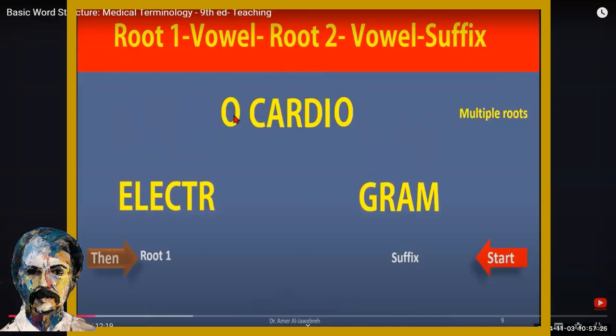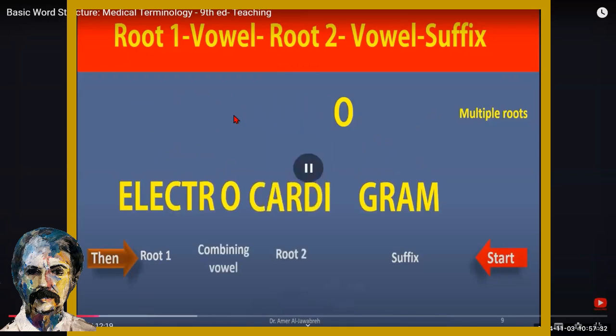And then to make it smoother, add an O, electro, cardi, and then cardio. So this is how we break it down. Root 1, root 2, between root 1 and root 2 there is a combining vowel. And then at the end there is the suffix. And between the suffix and root 2 there is another vowel. So we have two vowels here.